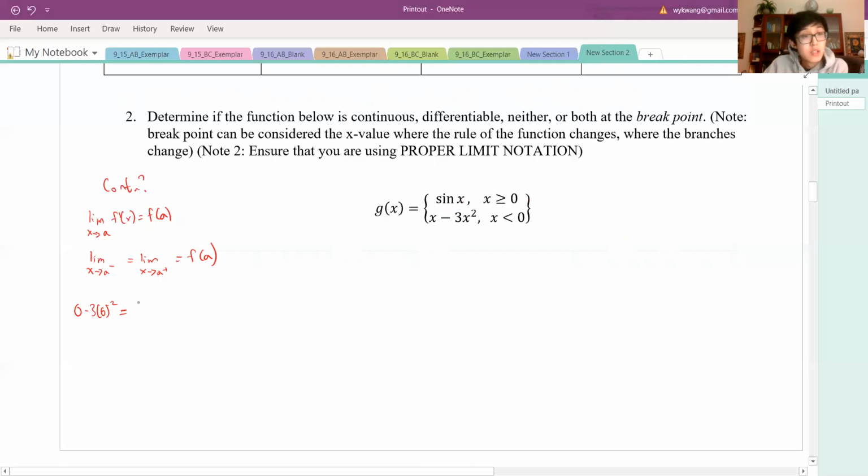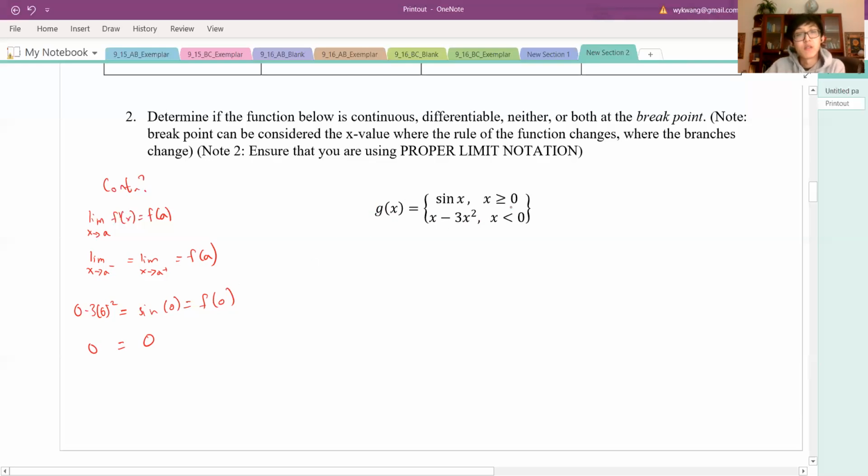So it's going to be sine of 0, which has to equal f of 0, so let's test that out. 0 minus 3 times 0 squared, 0 minus 0, 0. Sine of 0, also 0. F of 0, well, let's plug it in. Okay, this is g of x, but same idea, f of x.